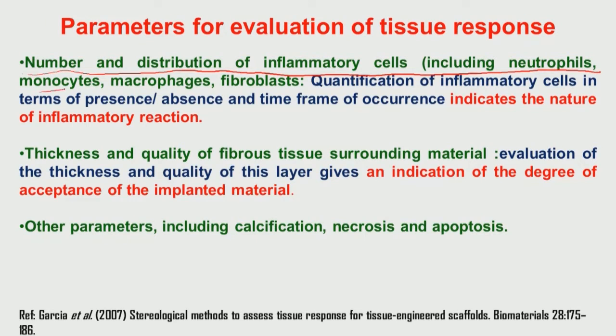So, essentially you can see how these different kinds of cells can be clearly marked based on appropriate tissue or cell specific staining agents, and their quantification in terms of the presence or absence and the time frame of their occurrence, like at what time scale after post implantation the fibroblasts keep on increasing or decrease, and how this changes over time, that indicates the nature of.